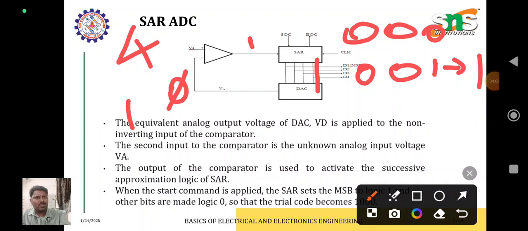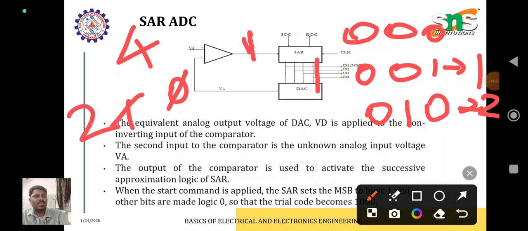Both are not equal, so again we get the output 1. Then the previous 001 is changed, the 1 is converted into 0, and the next bit is made 1. What is the equivalent value? The equivalent value will be 2.